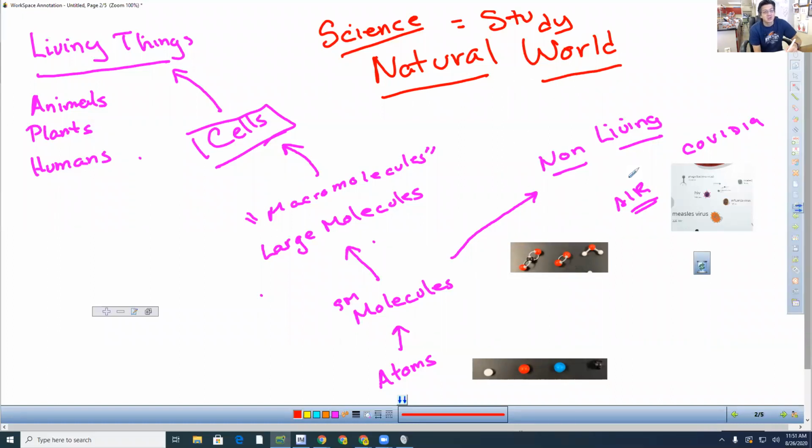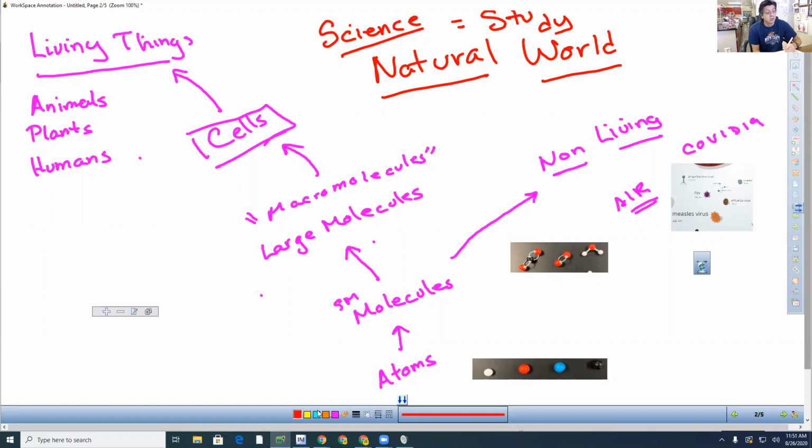And what is the natural world? Well, it's all of this: atoms, molecules, non-living things, living things. And so that's why it's important for us to understand the molecular level of things before we start talking about biology.